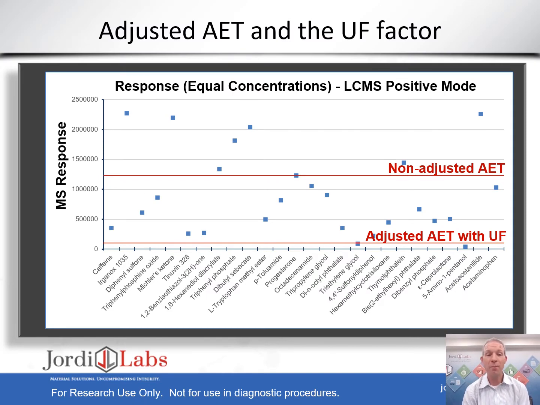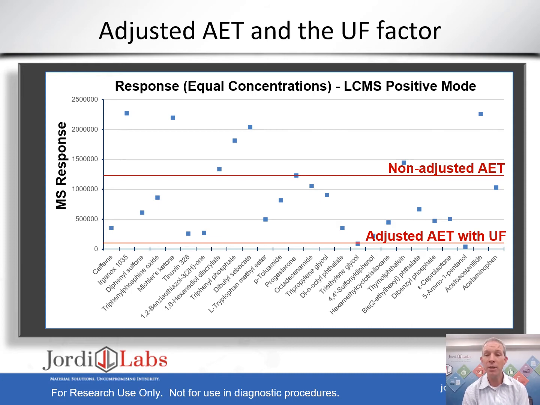So, bringing us back to the idea of the UF, can the UF be used to compensate for this response factor variation? And what we show in this figure is that on the y-axis we have response, and on the x-axis we have a number of different compounds. And for each one of the compounds, we show a blue square, which indicates the response of that particular compound.